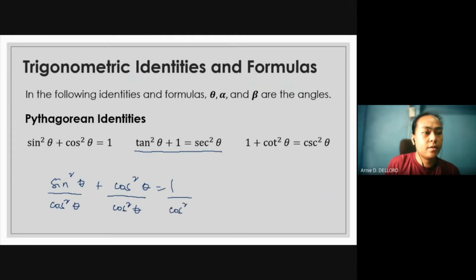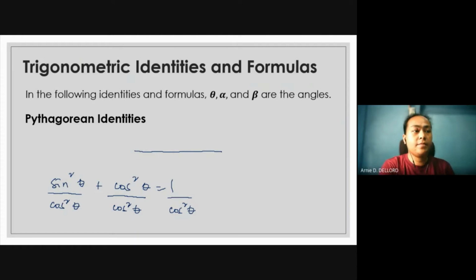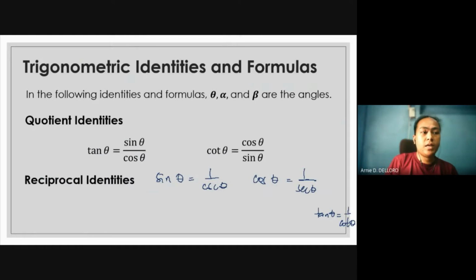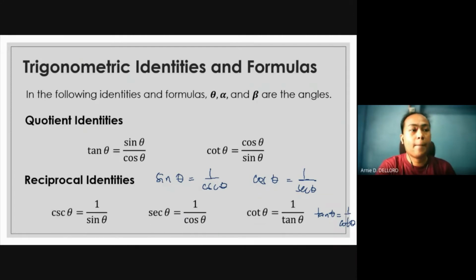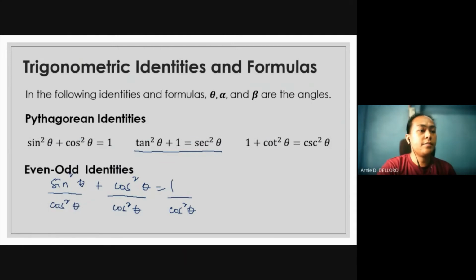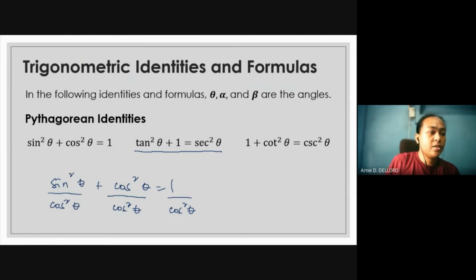We know from the previous slide, sabi natin yung quotient identities, tangent theta is equal to sine theta over cosine theta. So we can actually use this one to prove the other identities. So in this case, sine squared theta over cosine squared theta is equal to tangent squared theta, plus cosine squared theta divided by cosine squared theta is 1.